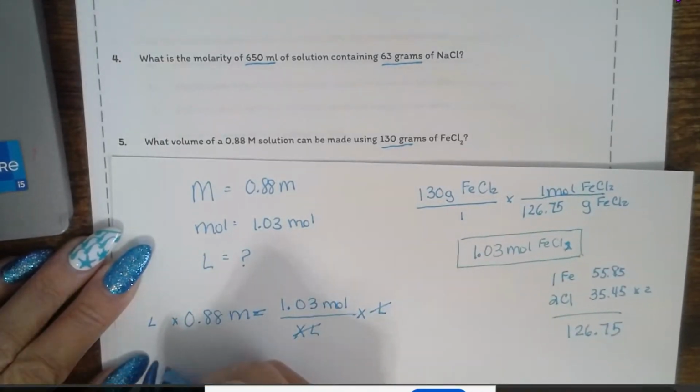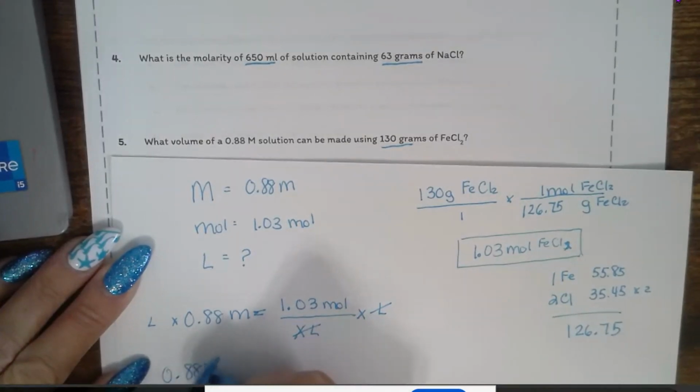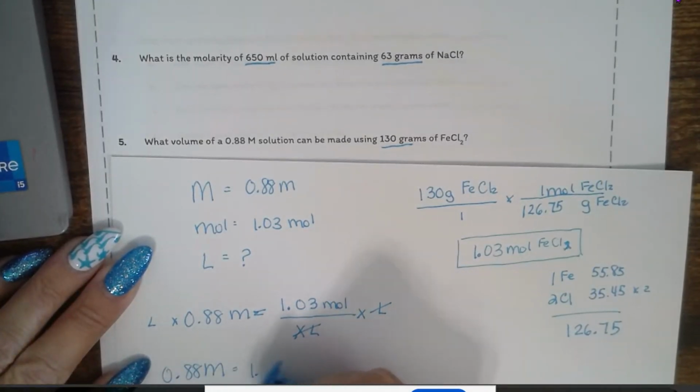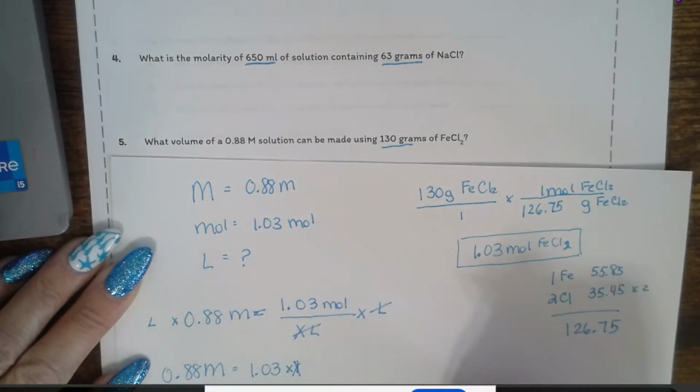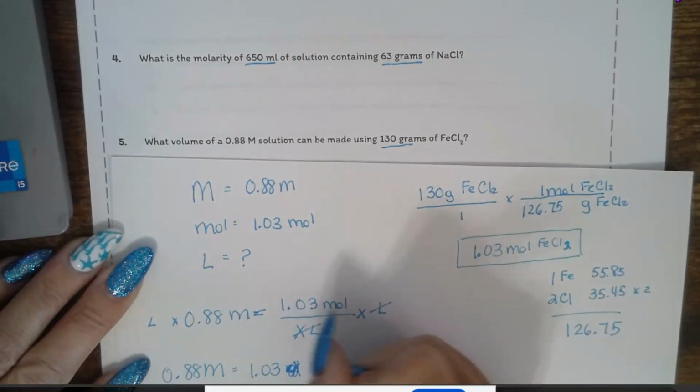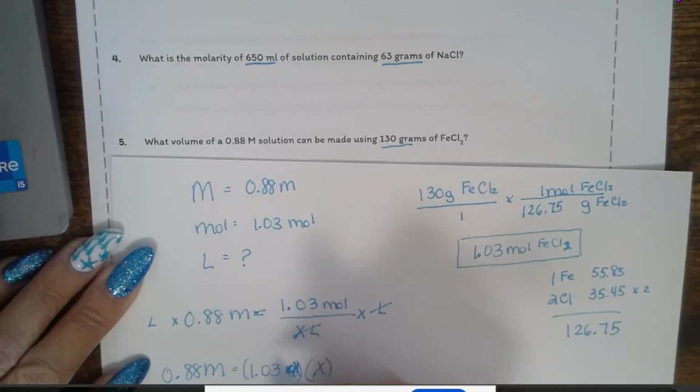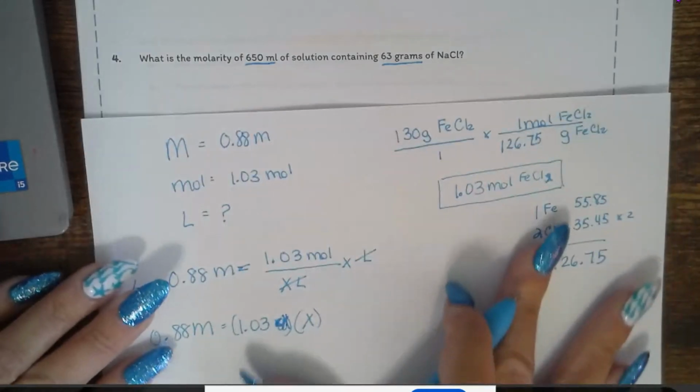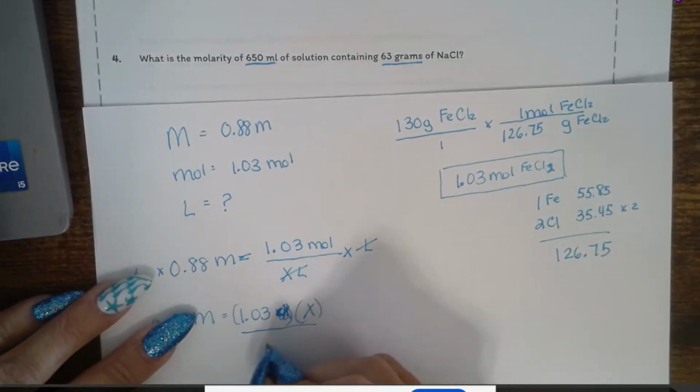And I get 0.88 molar times X is equal to 1.03. Let me make this a little bit neater. I need to get X by itself, so I'm going to divide both sides by 0.88.